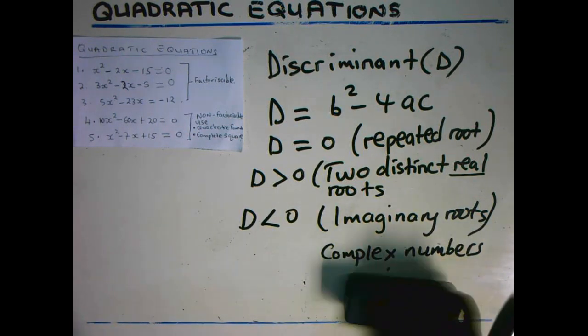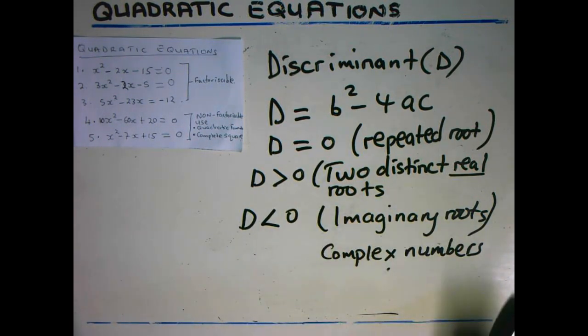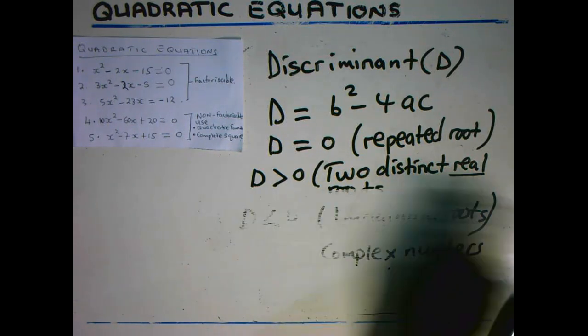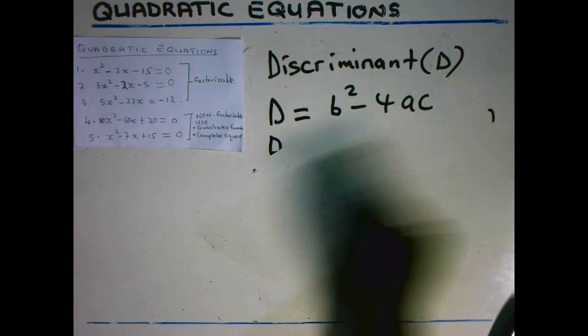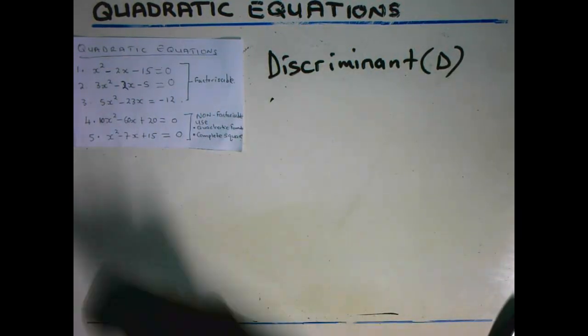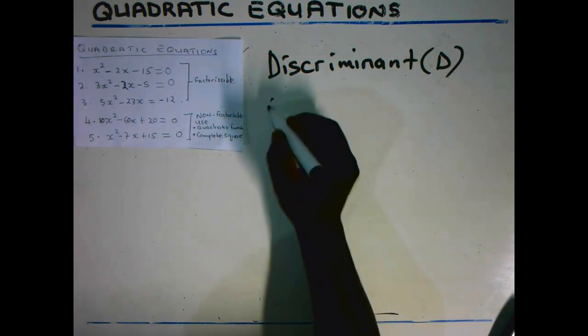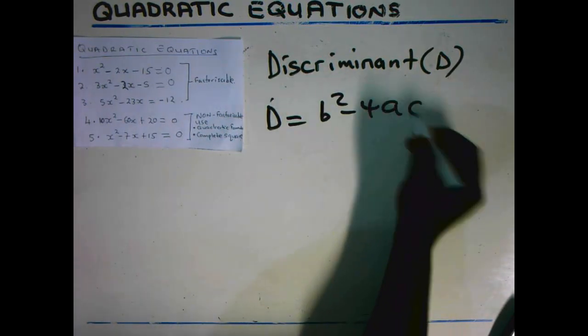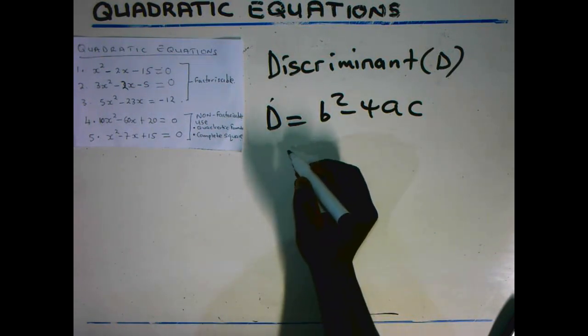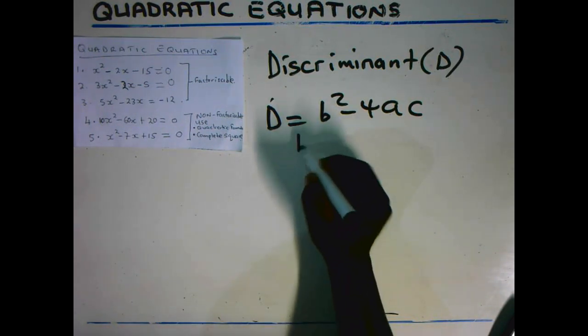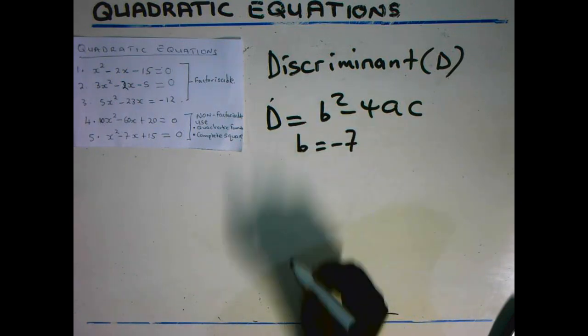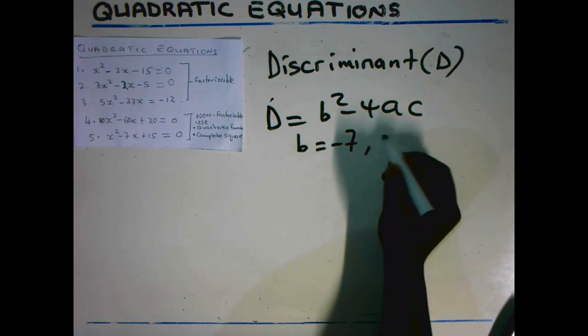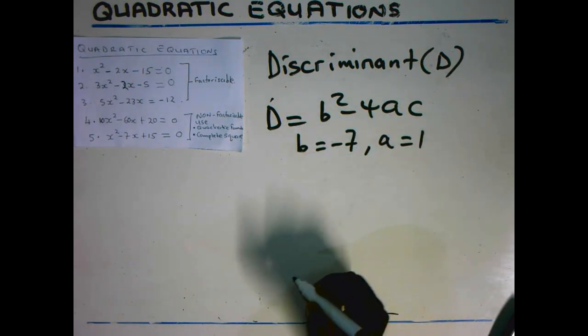Let me use this concept to determine the nature of the roots of number 5, which I did not solve. I just want to illustrate this one. We said D is equal to B squared minus 4AC. Now, what is my B? B is equal to minus 7 for equation 5. A is equal to 1.